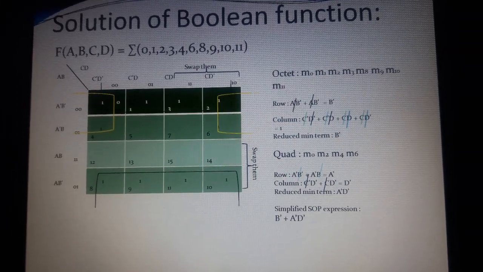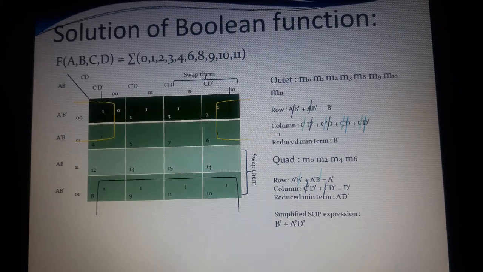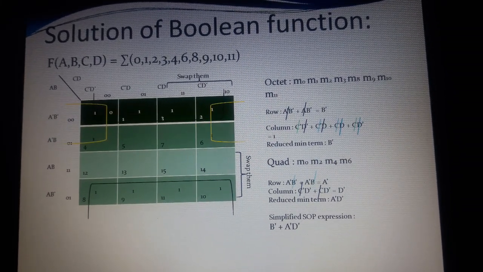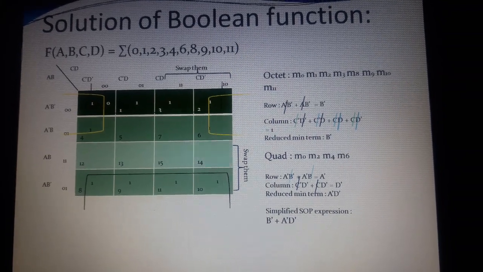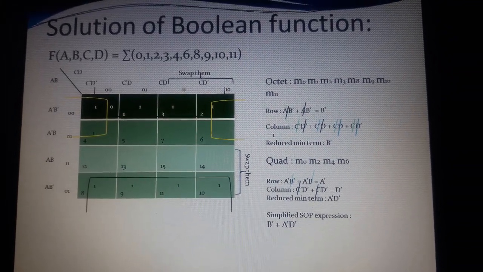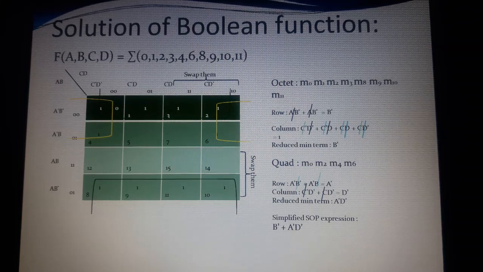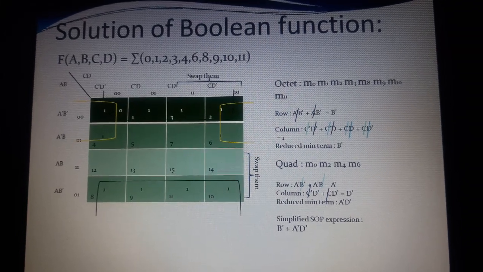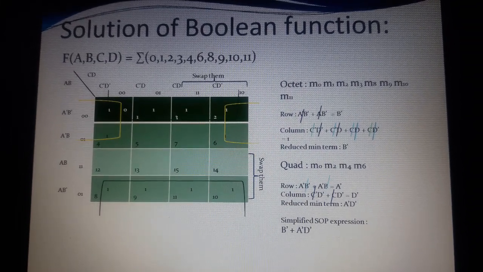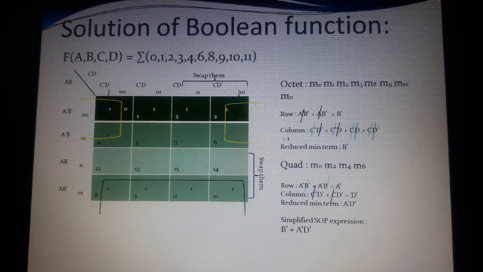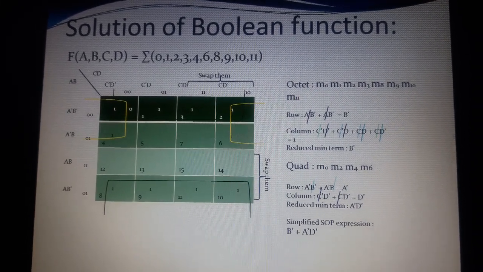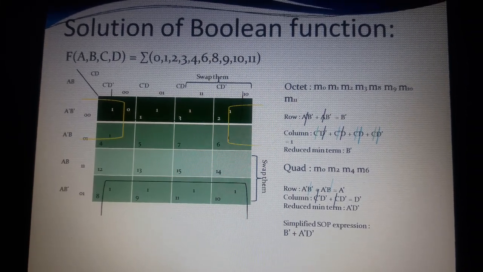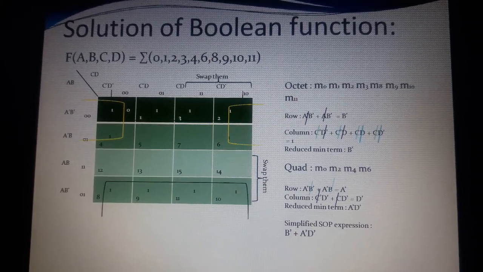Here we are having a solution of a Boolean function, or we can say a solution of a SOP K-map, or a solution of a canonical SOP expression. The simplified form of the canonical SOP expression is B dash plus A dash D dash.